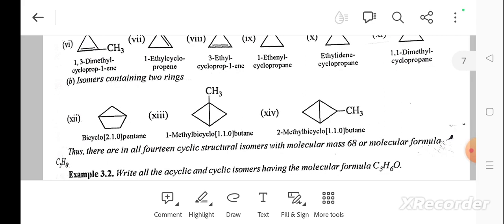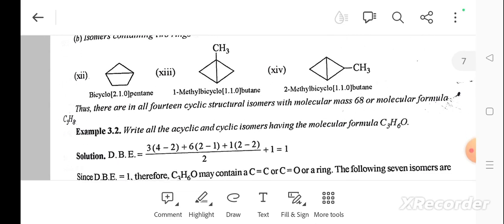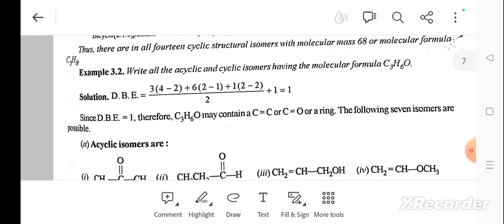Thus, these are all the cyclic structural isomers with molecular mass 68 or molecular formula C5H8.